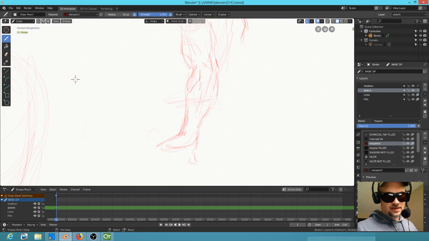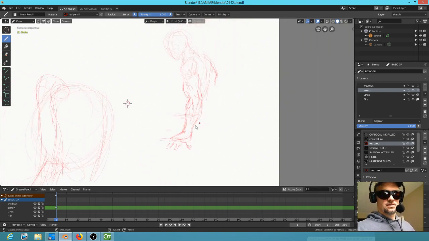So I'm going to go like this. I think I'll do it that way. I don't need to draw the other hand. Yeah, and I don't like that at all. That looks stupid. Well, that's a classic case of you're zoomed in, you draw something, you zoom out, and you realize it doesn't fit into the picture at all.